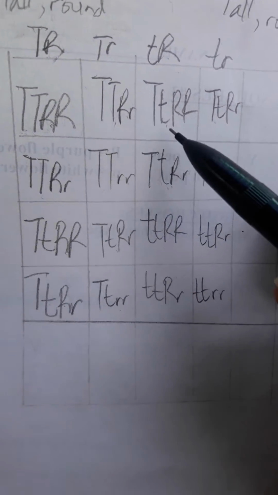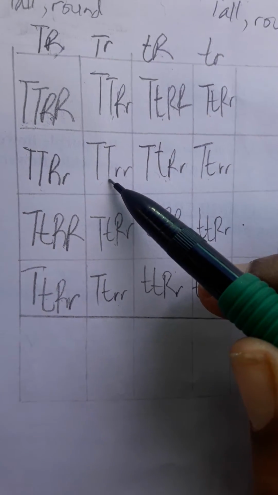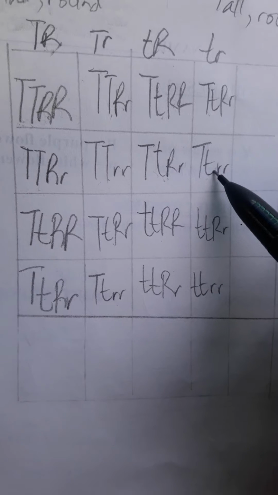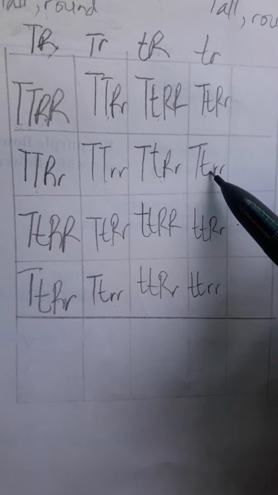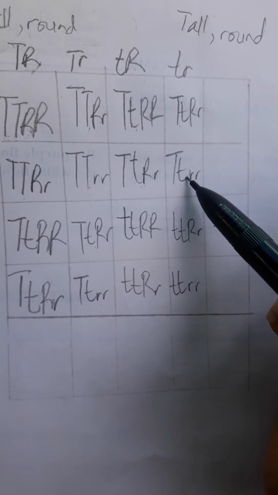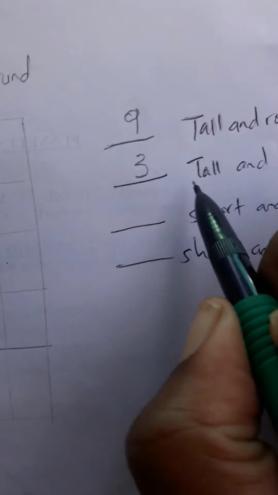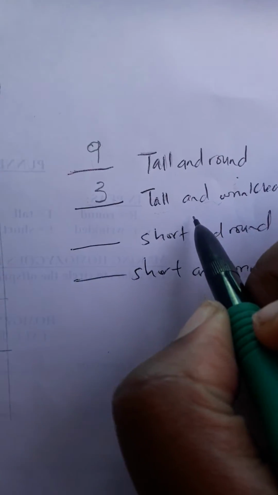No, no, no, no. So we're looking at 1, 2. Did you find it? Tell me if you found it. And 3, right there. So we're looking at 3 tall and wrinkled.